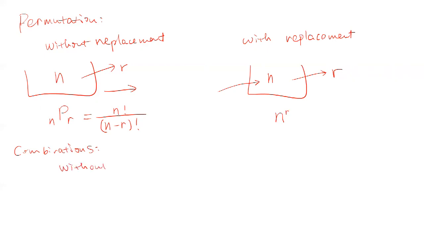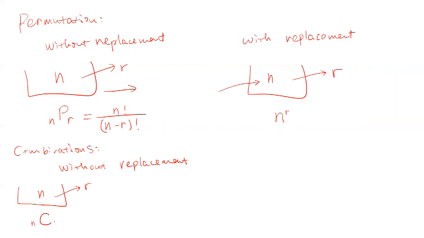Combination without replacement, we have already studied this problem, right? That means you pick r from n, but this time there is no order. At the time you pick out the r elements, the task is over.